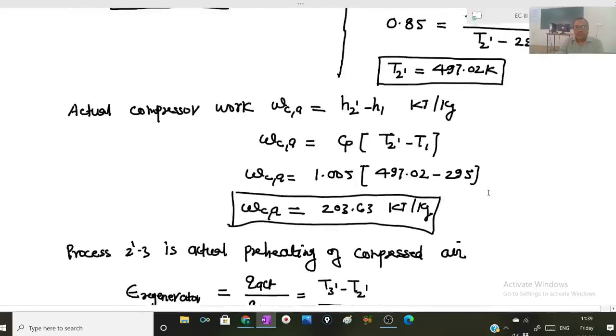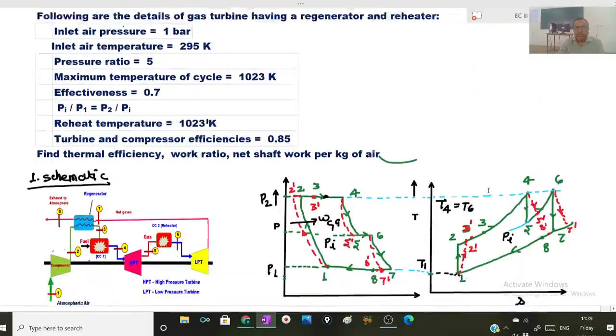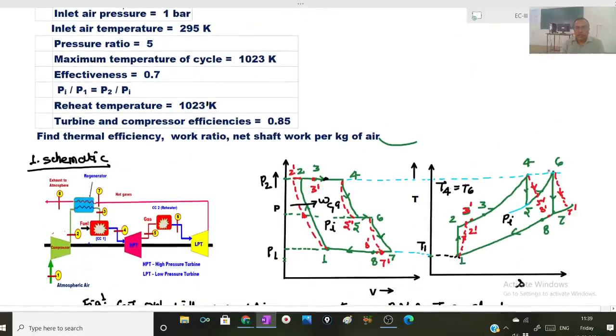As you can see from this diagram, at T4, the working substance is in gaseous phase, so its specific heat will be also of gas. Whereas at T3 dash it is air, so it will be specific heat of air.